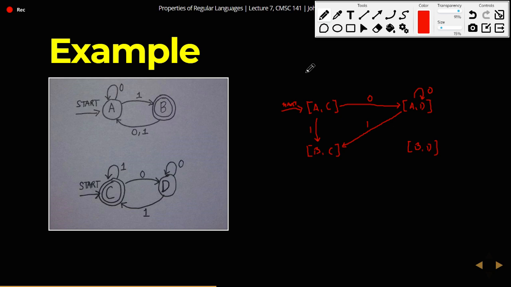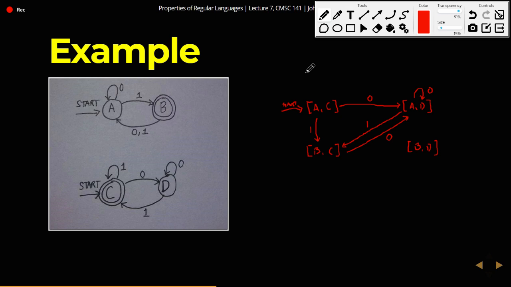Now, how about for BC? BC on 0, where will that go to? So B on 0 goes to A, and then C on 0 goes to D. So that is AD. So BC on 0 will go to AD.